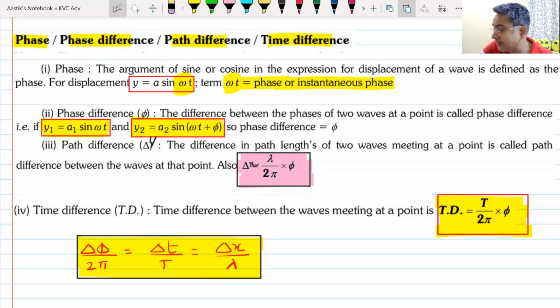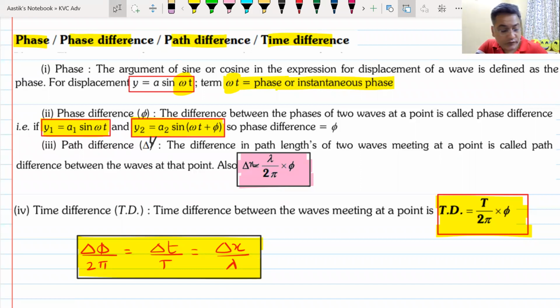So let us move ahead and we can now see the superposition of two waves, and we can find out the resultant intensity and resultant amplitude. I think that we have done this before, yes or no?